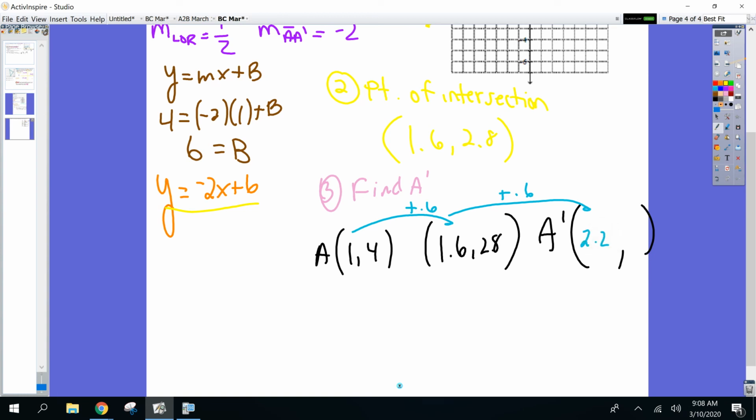Now on the Y's, I'm going from 4 to 2.8. I'm going down 1.2 units, so I better go down another 1.2. And where do I end up on the Y coordinate? 1.6. There it is.